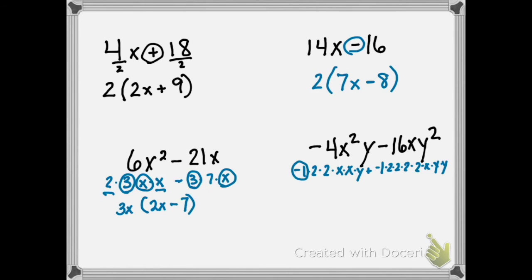We have a negative 1, a 2, a 2, an x, and a y. So we have negative 4xy. And then over here, we're only left with that x plus, over here, we're left with 4y.